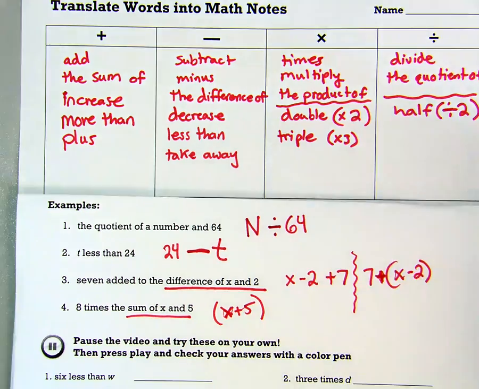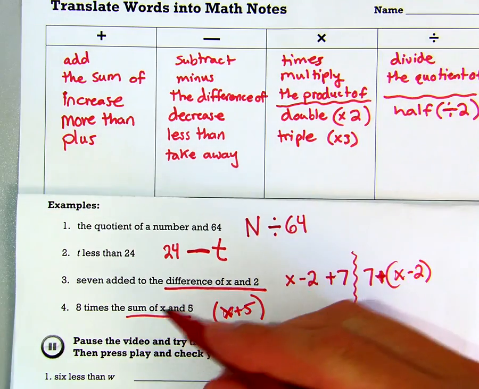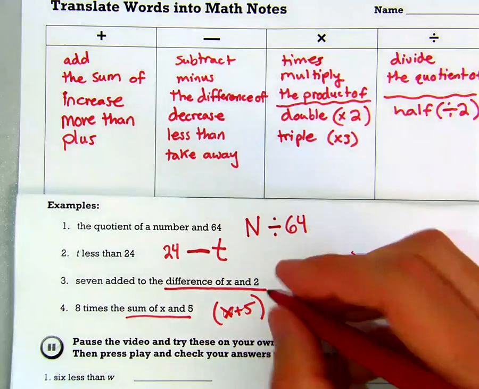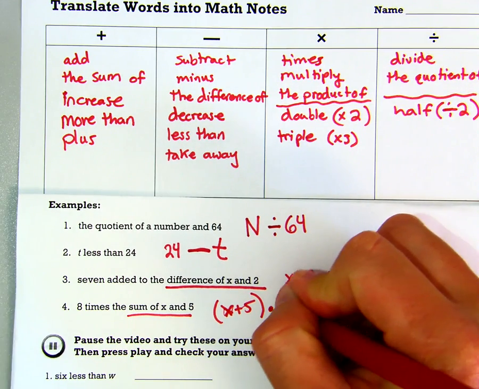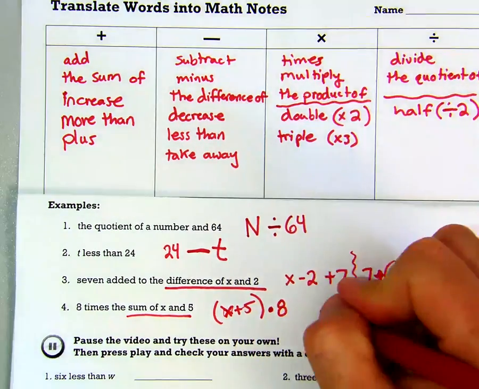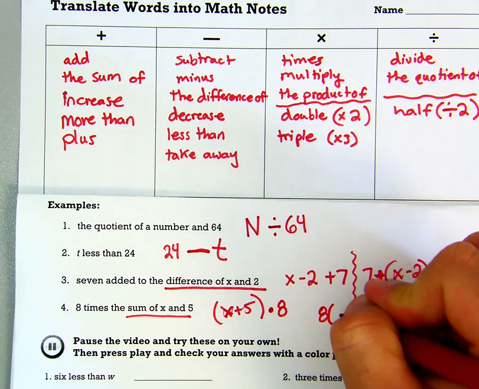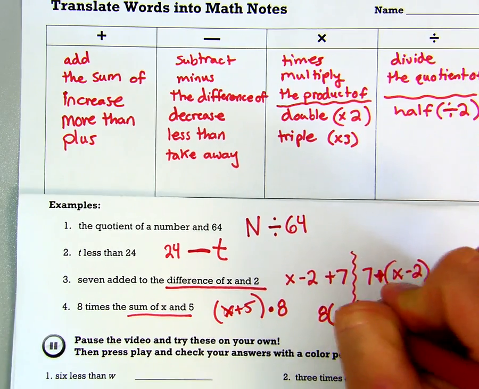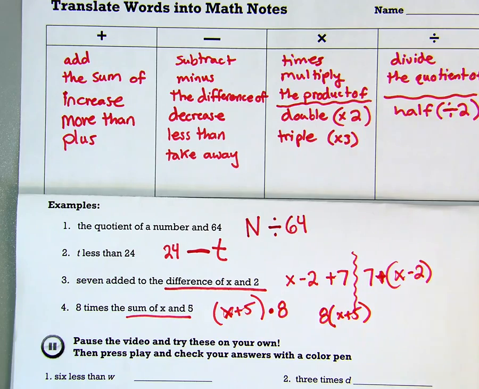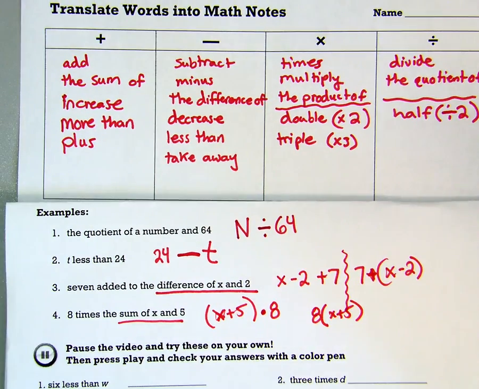Now, in this case, I don't want to use x for a multiplication symbol because I have this symbol x in my problem. So I can either put a dot here and then times 8, or I could write it as 8 times x plus 5. Okay, either of those would work, but try not to use the x symbol when you're working with variables because it can get very confusing.